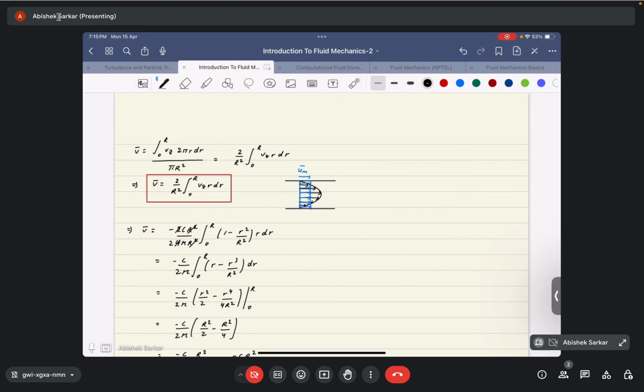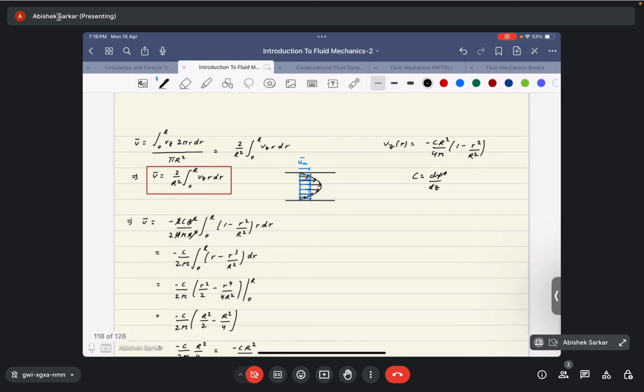So the final form of the velocity profile is given by Vz of r is equal to minus c r square by 4 mu times 1 minus r square by R square, where c is equal to dp star by dz.